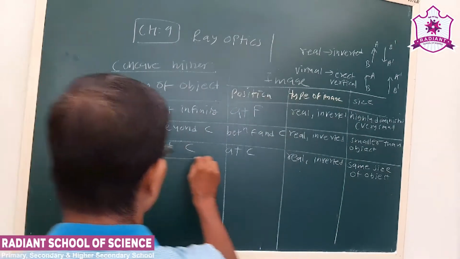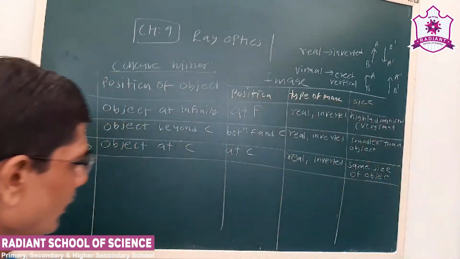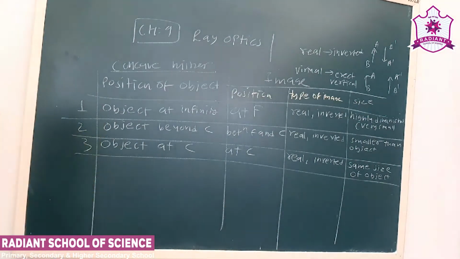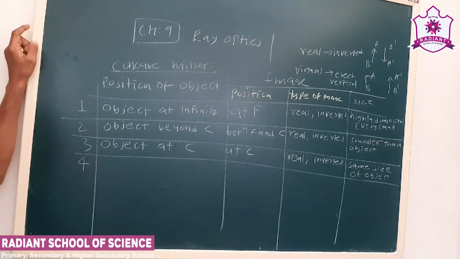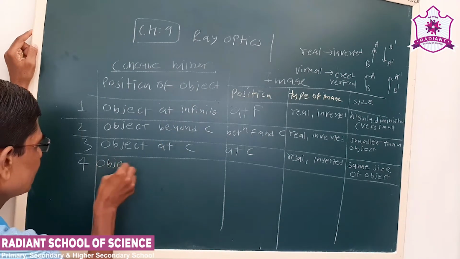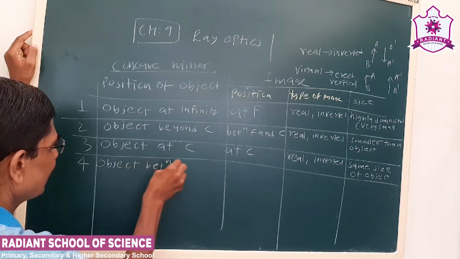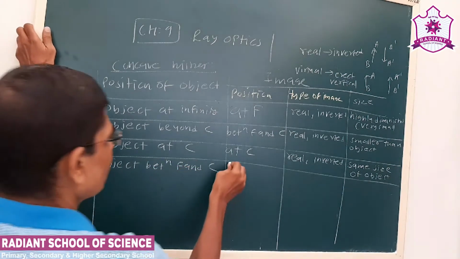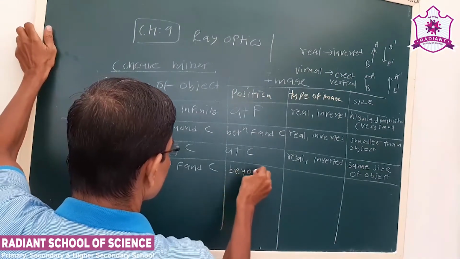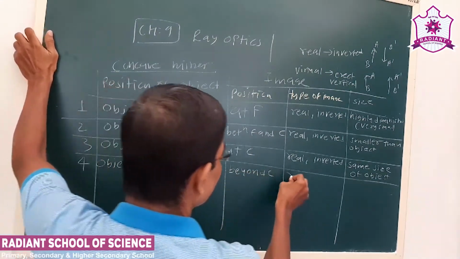One thing we have to keep in mind is that as the object moves toward the mirror, the image will be moving away from the mirror. See the fourth position, object between F and C. Then the image will be beyond C. So it will be real and inverted.